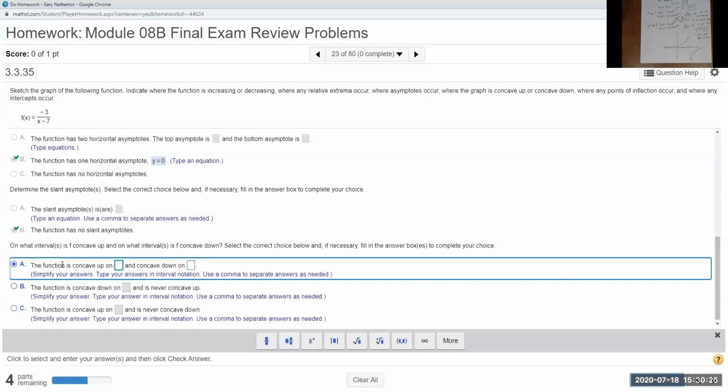So I'm going to choose A here, which has a concave up and a concave down. The concave up part is negative infinity to 7. And concave down, 7 to infinity.